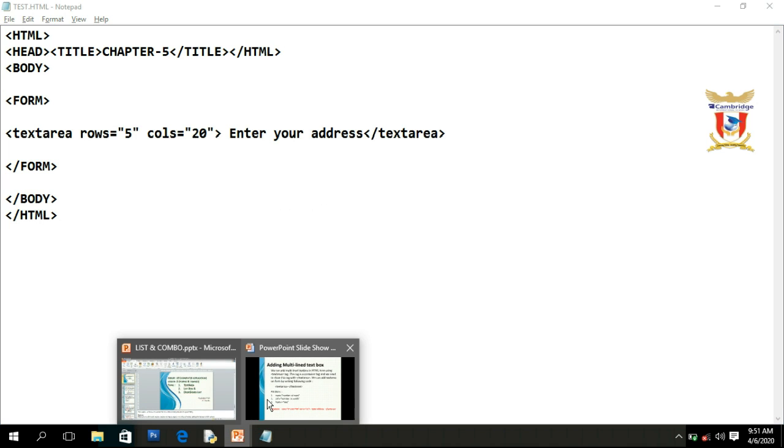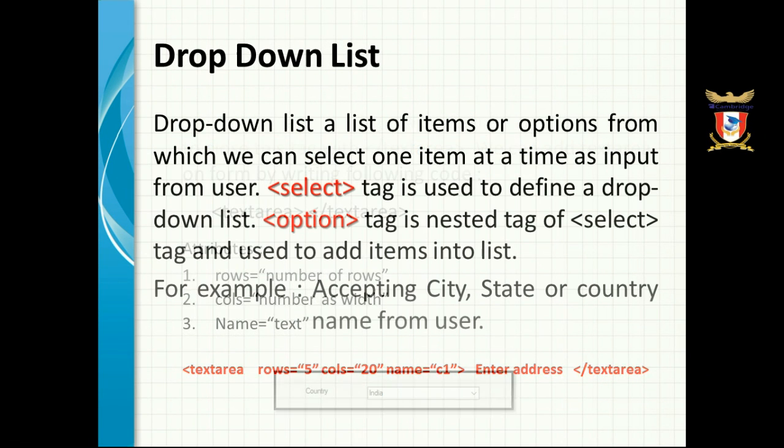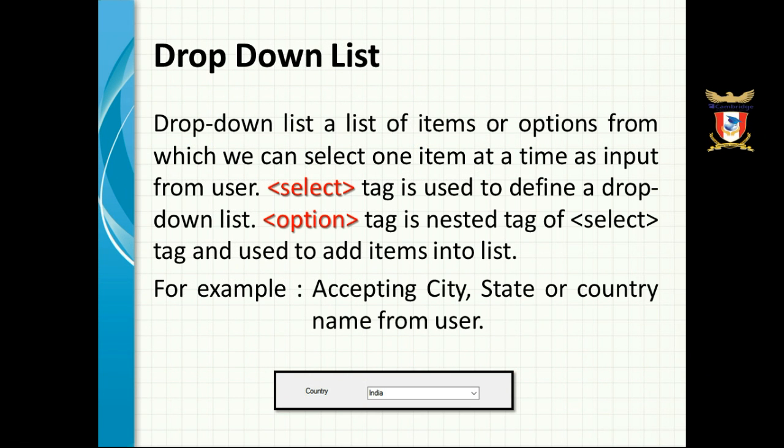Then next we will discuss about drop-down list. A drop-down list is a list of items or options, from which we can select one item at a time. That means by using a drop-down list, we can add multiple items, but we can select only one item at a time.